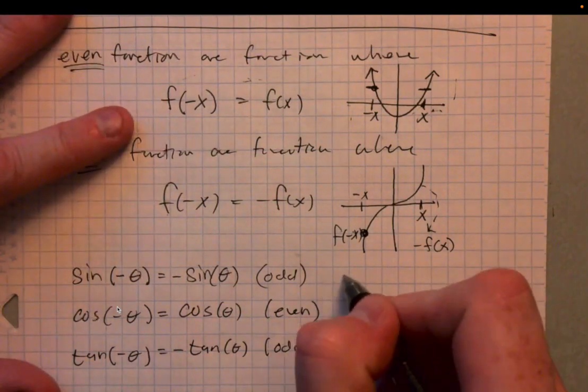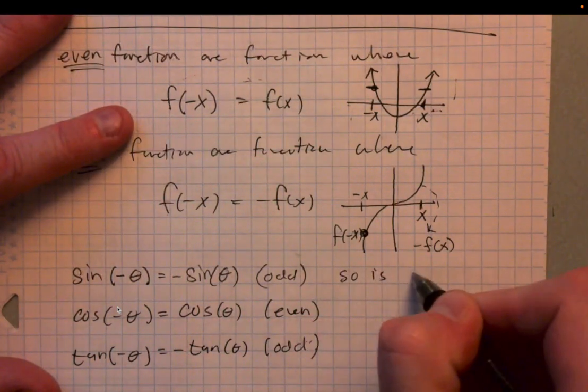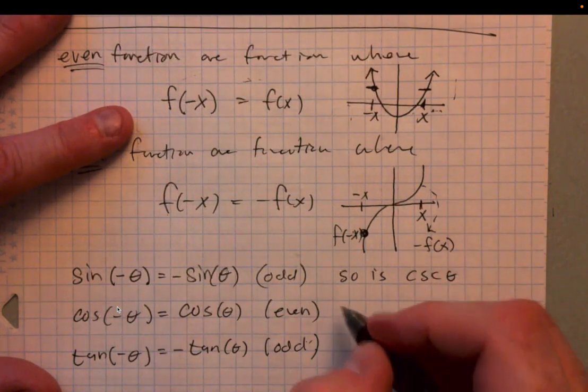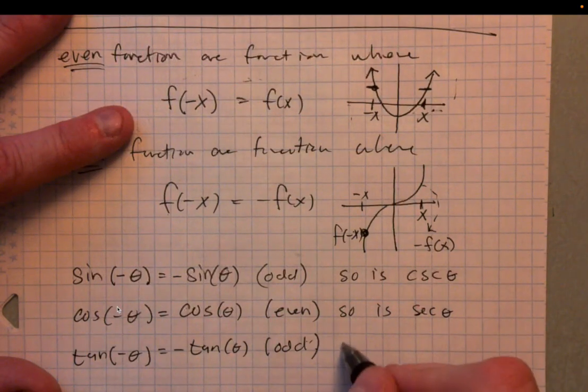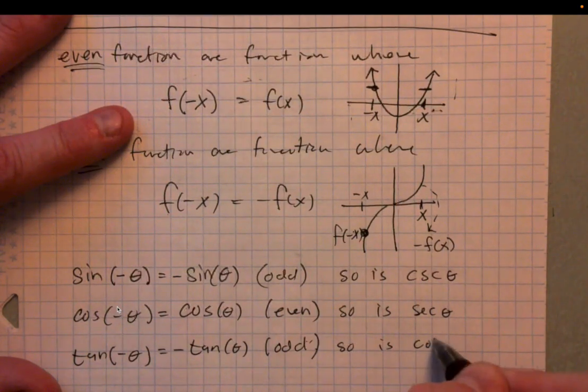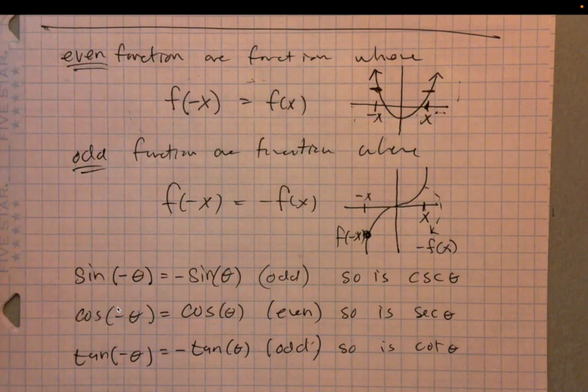Okay, so I'll write over here, so is cosecant of theta, and so is secant of theta, and so is cotangent of theta. Sine is odd, cosecant is odd, tangent is odd, cotangent is odd.